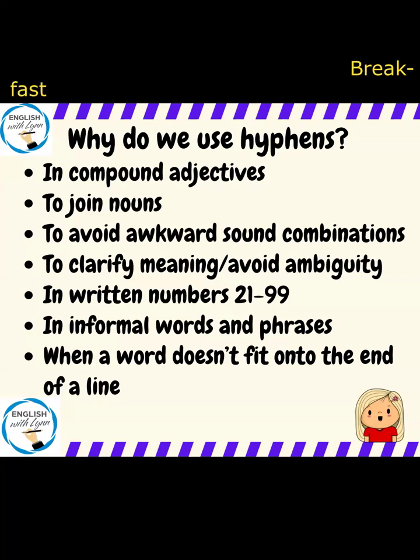Okay, so you're breaking it into syllables. What you wouldn't do is have the BRE on one side and then the CK and the fast on the other side, because it isn't broken where the syllables are.